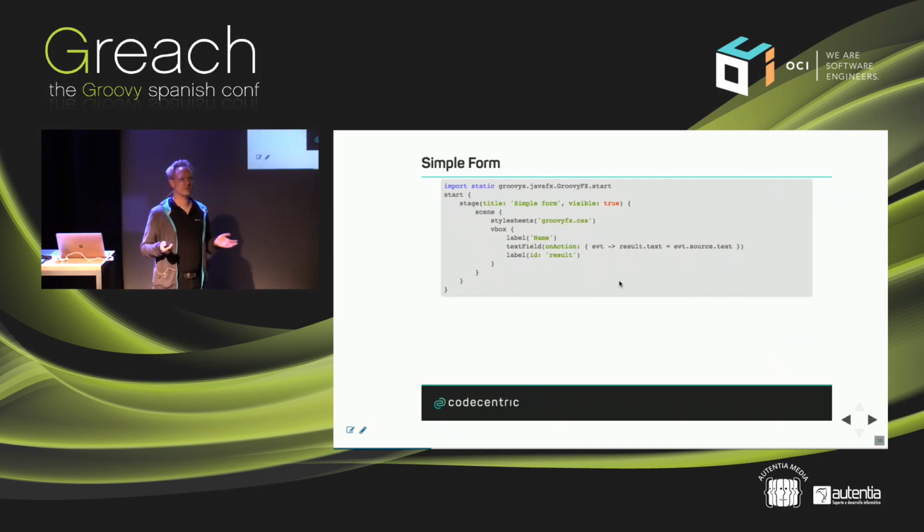But where's the result? So the thing is, if we have a look at the next label, we have this ID. ID is general for all nodes you can have. If you give it an ID attribute, it will automatically create a variable in the binding of the whole script.